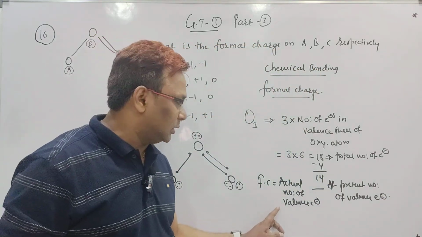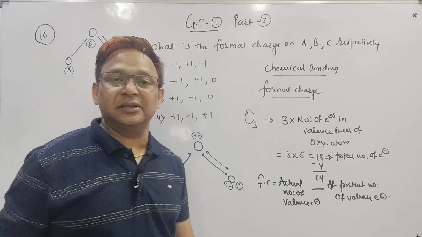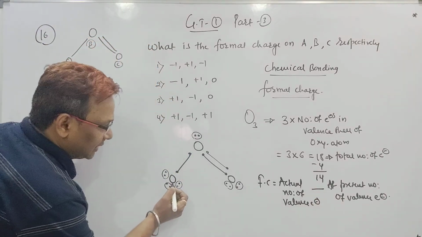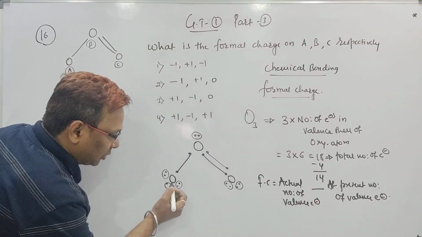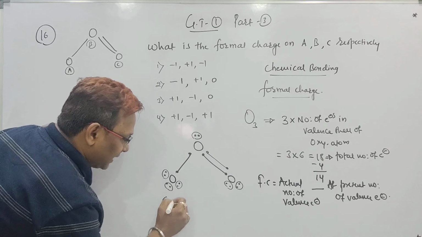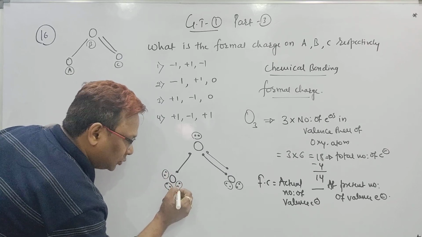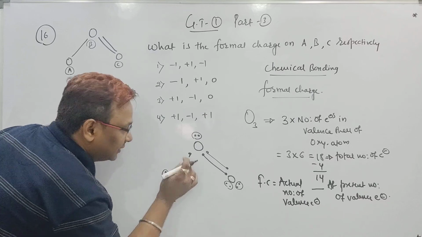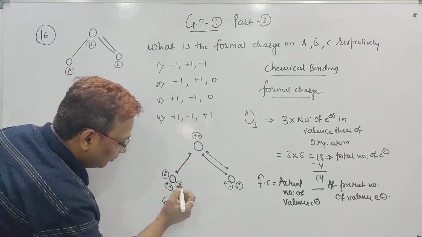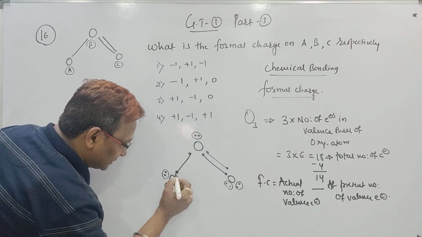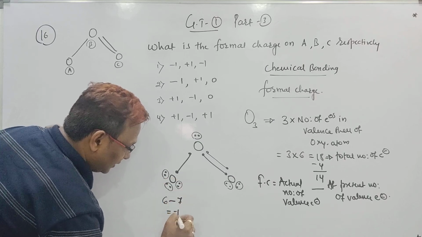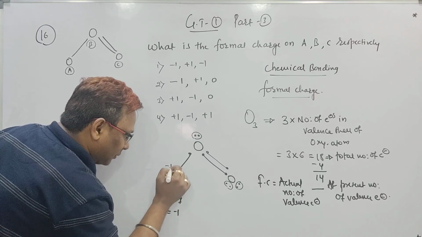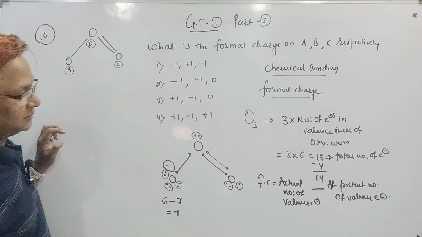Actual number of valence electrons minus present number of valence electrons. For this oxygen atom, the actual number of valence electrons is 6, minus present, beta, 1, 2, 3, 4, 5, 6, 7. This electron don't count. 1, 2, 3, 4, 5, 6, 7. So this oxygen atom has a formal charge of -1.